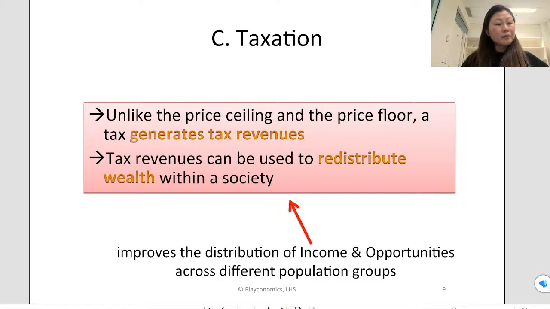Okay, now this is the introduction to price ceiling and price floor, the two policies that we've just talked about that might be well-intentioned, but they did not really deliver. They ended up favoring a very small part of the population and creating some deadweight loss for society. As a result of that, that's not the smartest idea.